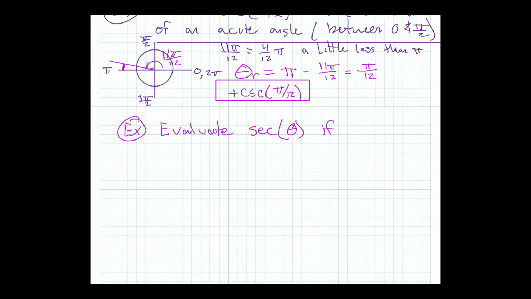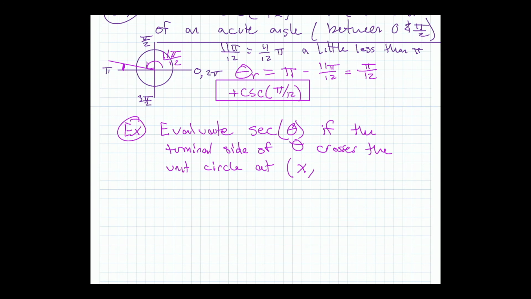If we know the terminal side of theta crosses the unit circle at, let us say, x comma y, but I'm going to give you the y.